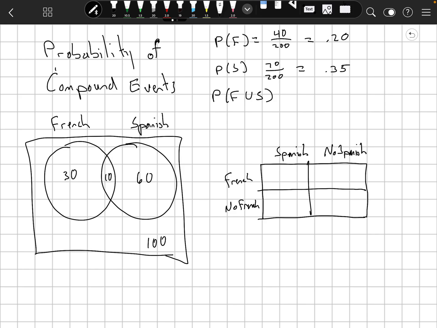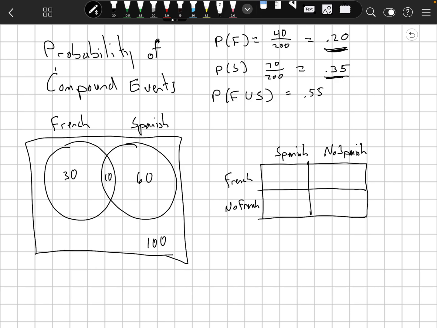Maybe you would think at first, well, we could add up the 20 and the 35, and we get 55%. There's a 55% chance that they're either in French or Spanish. You can kind of see what I'm saying, the 20% in French, 35% in Spanish. But there's a problem here, and we need to address that. There are some people that are in both, so we've counted them twice.